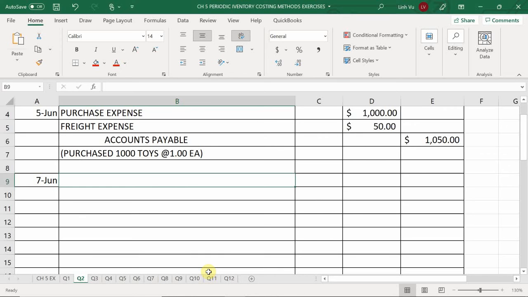Would it be with the start of purchase returns and allowances? Okay, so in this case, purchase returns and allowances, what kind of an account is that? That would be a debit, if I remember. Okay, so purchase expense is, yes, going to be a debit account.